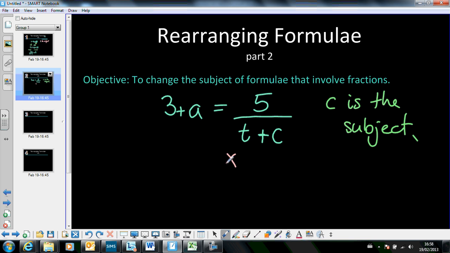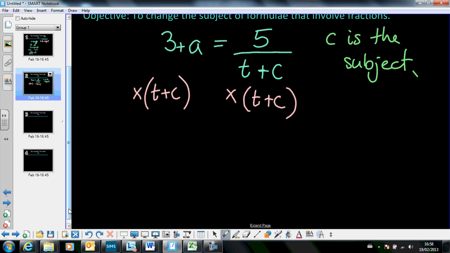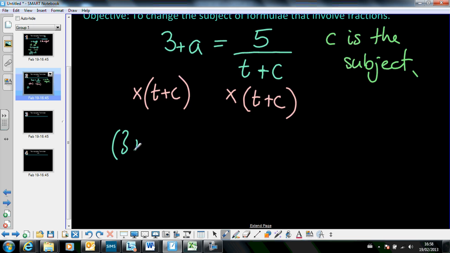So let's get rid of the T plus C by multiplying both sides by T plus C. So if I multiply by T plus C, I'm going to get 3 plus A times T plus C is equal to 5.